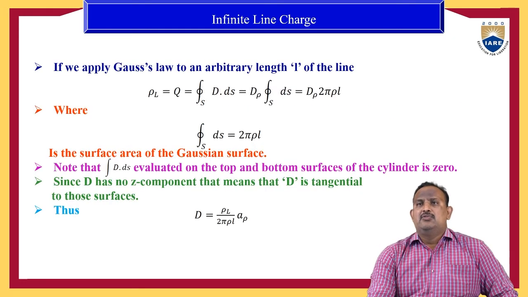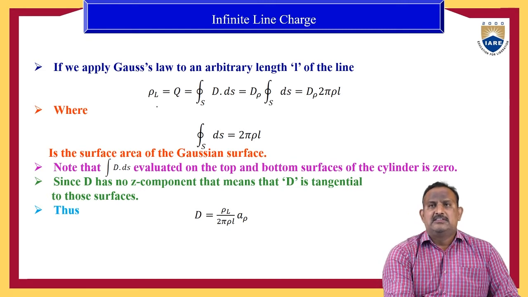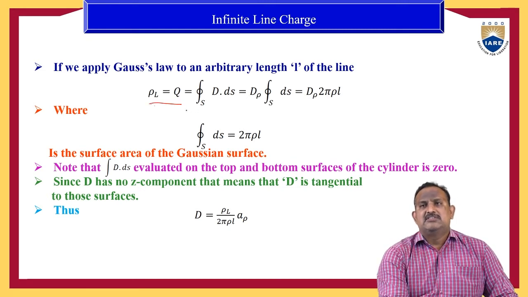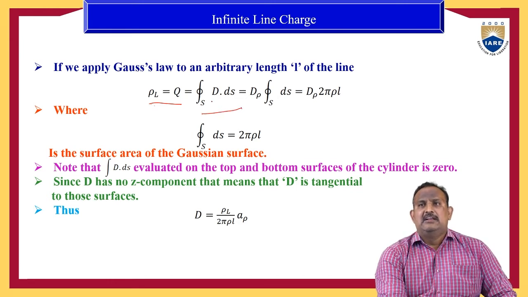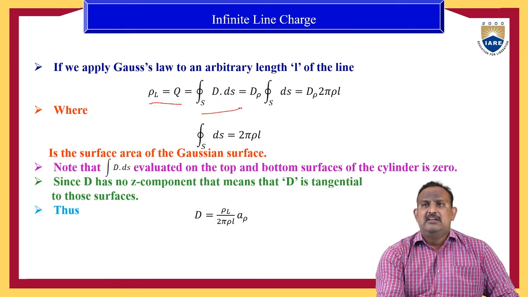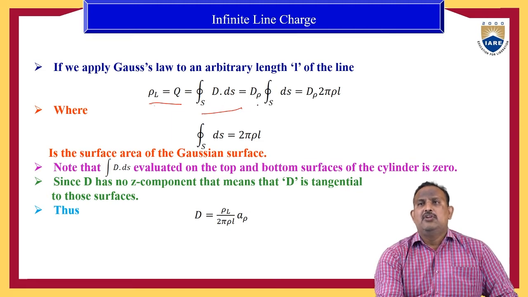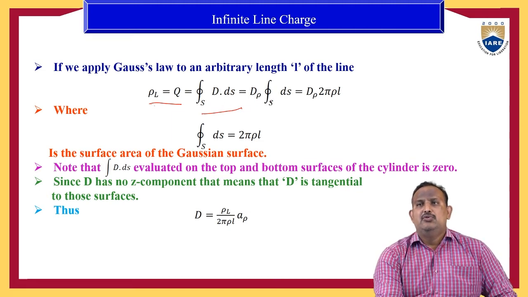If we apply Gauss law to the cylindrical surface, the charge Q is rho L, and according to Gauss law it is the surface integral of D dot dS. In place of D, we substitute D rho into A rho, where A rho is the unit vector.